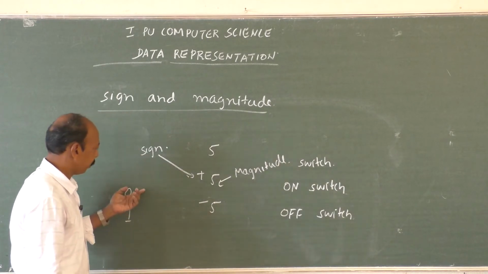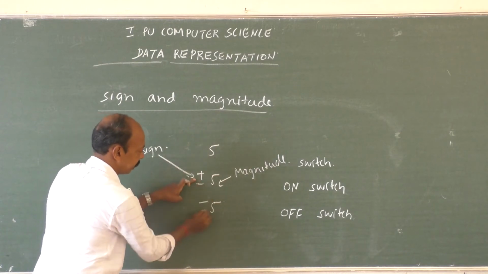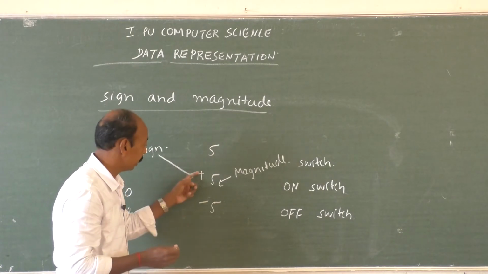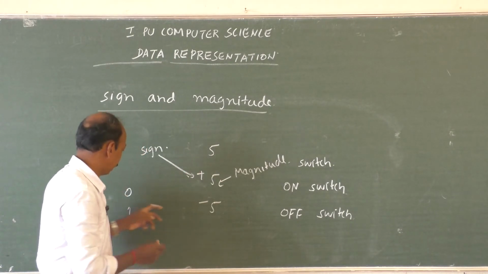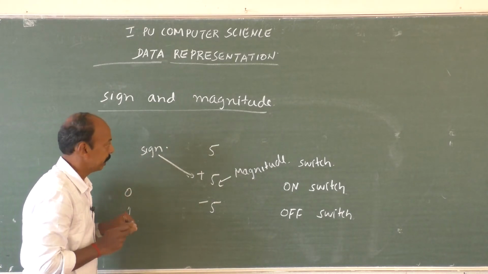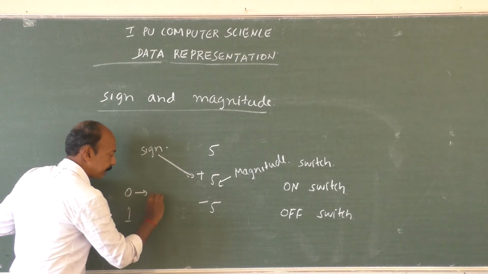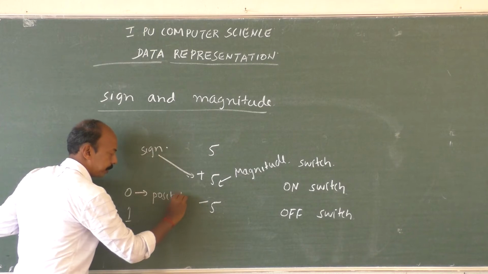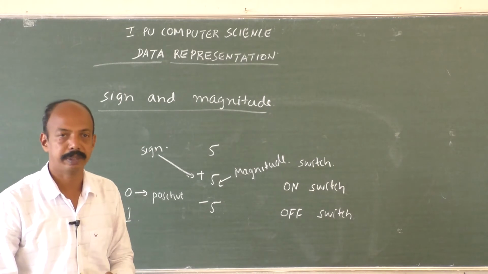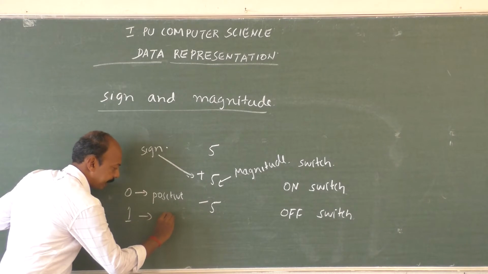That's why whenever we are representing the sign, either plus or minus, either 0 or 1 we have to write, isn't it? Remember, this 0 we will use for positive, important for us. 0 will be used for representing the positive numbers. Similarly, 1 will be used for representing the negative numbers.